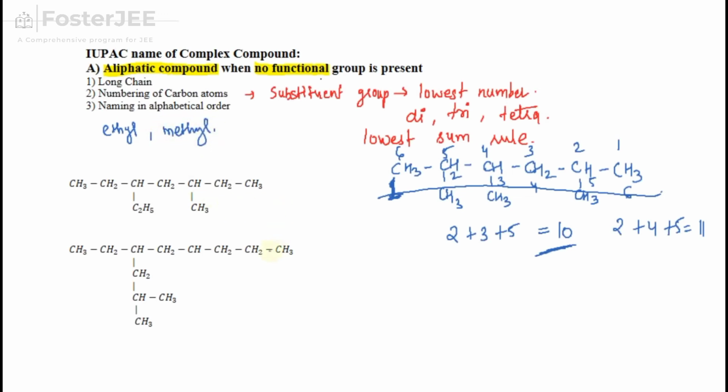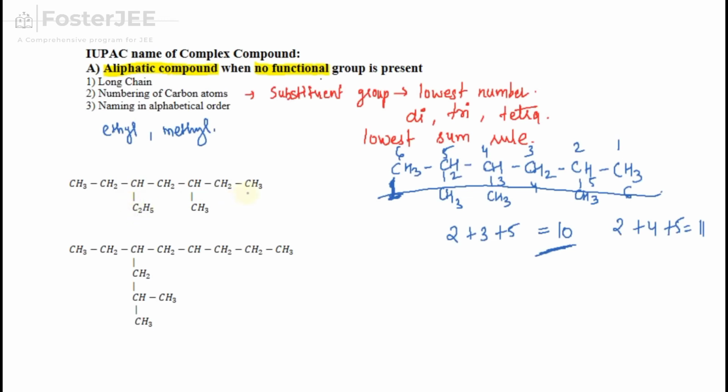Now let's solve some examples. So here we can see that the longest chain will be this straight chain. Now if we start numbering from this carbon atom, then the ethyl group will be present at the third carbon.